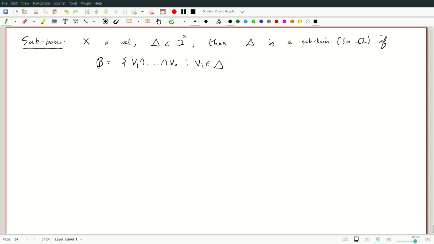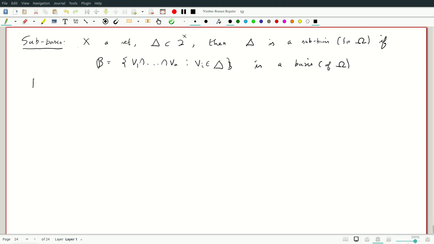So I look at finite intersections of sets in the sub-basis, and if this is a basis for omega, so you can say for some topology or for a specific topology. So a sub-basis means if I took finite intersections of that, then you get a basis.